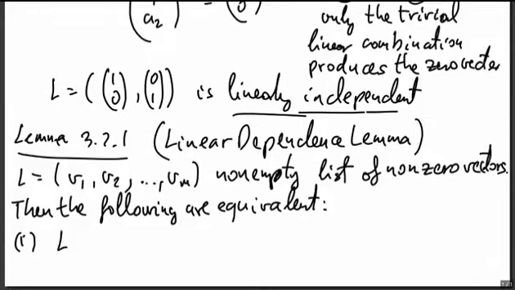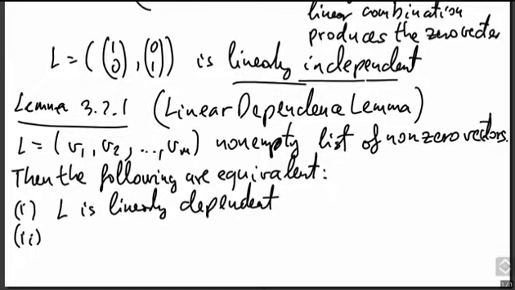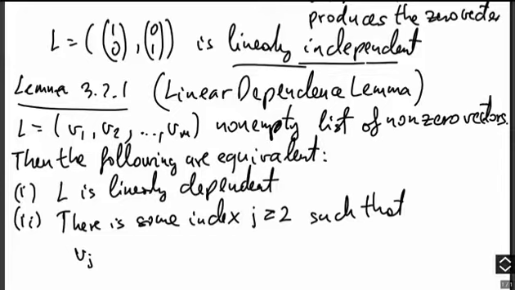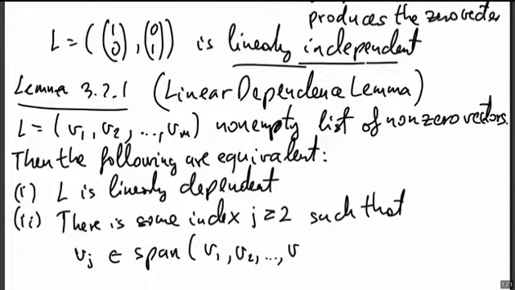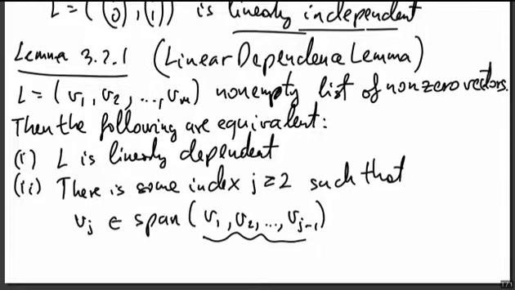First, L is linearly dependent. Second, there is some index j greater than or equal to 2 such that vj, the jth vector, is in the span of v1, v2 up to vj minus 1. That means the vectors before vj.